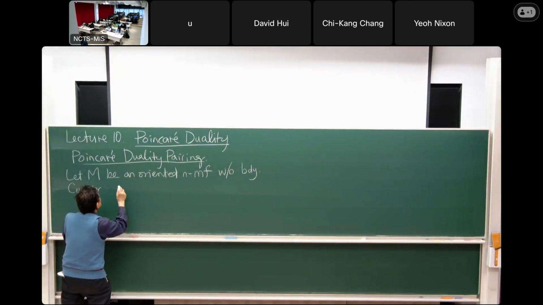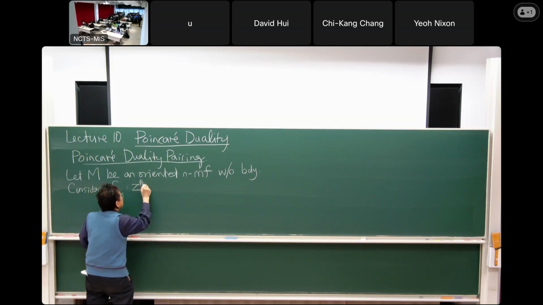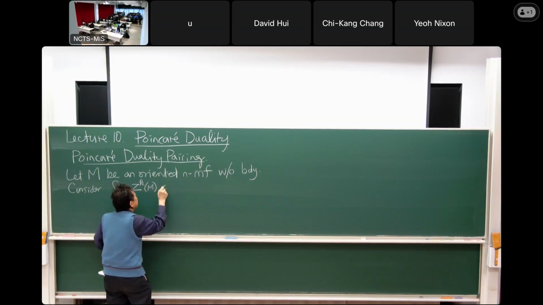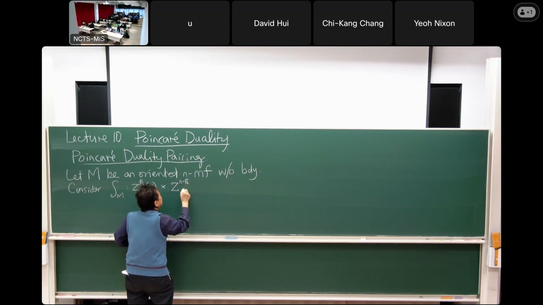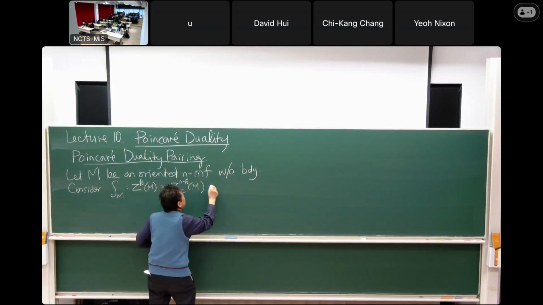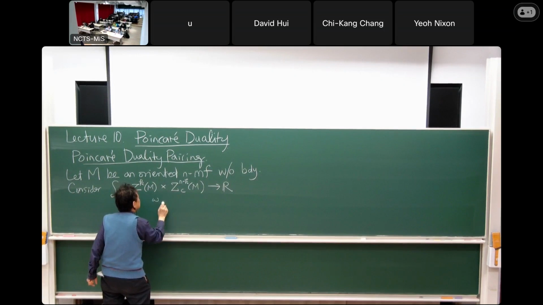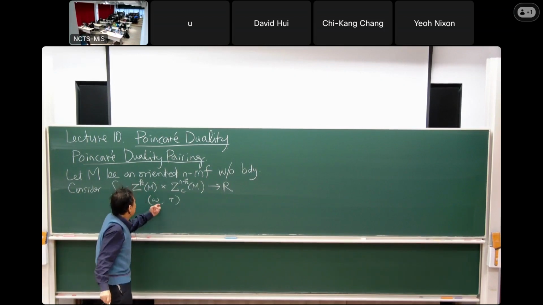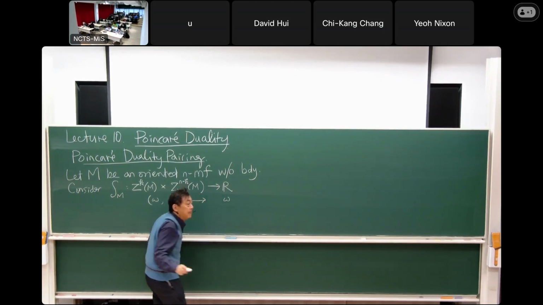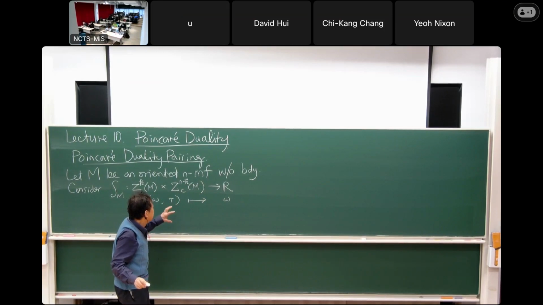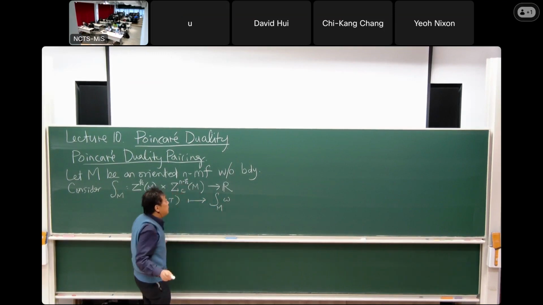So you take a closed k-form, pair with a closed n minus k form with compact support, by integrating the wedge product, okay? So if you wedge them, then it's a top form. And I'll show that it still has compact support so that you can integrate and you get a real number.